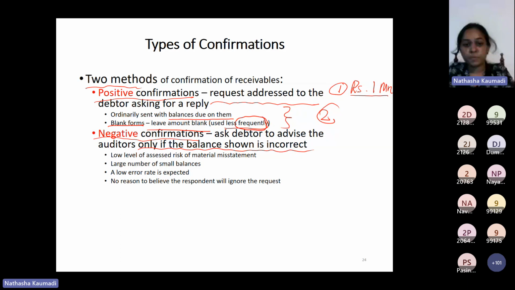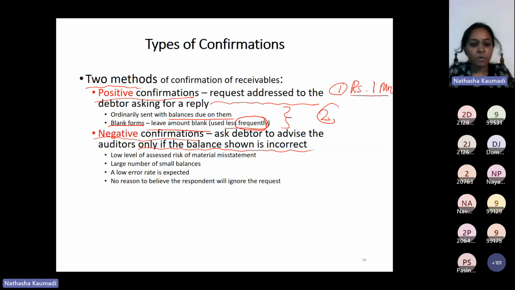Because the response rate for positive confirmations is also very low. How can we expect negative confirmations, right? So we can't trust whether, now the debtor has not sent a reply, whether this person is actually agreeing with the balances or that person has not received the confirmation request at least. We don't know, but we are not getting a reply.